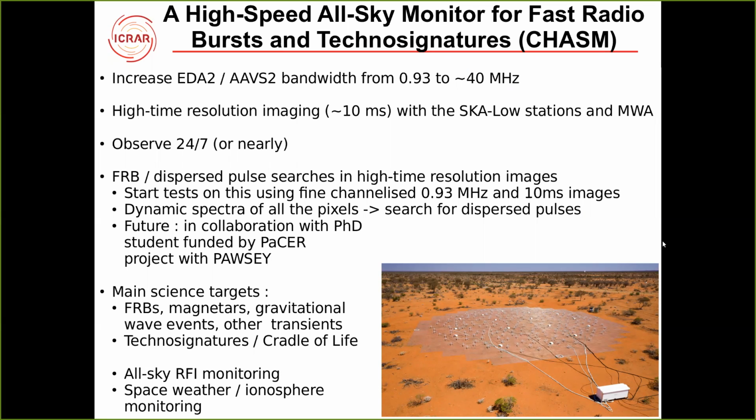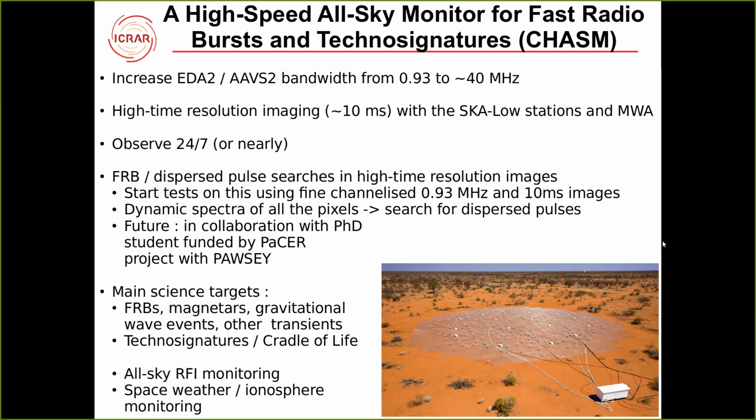And it will, as I said, have 40 times larger bandwidth. We will perform 10 millisecond images, observe as much as possible, nearly 24/7, if practicable. And I have a PhD project for actually looking for FRBs in the image domain using high time resolution images, looking for dispersed pulses.